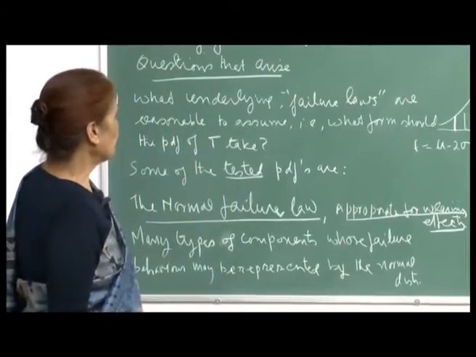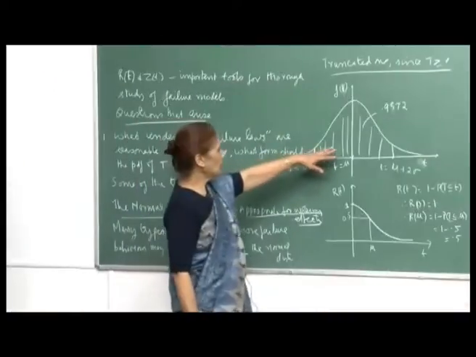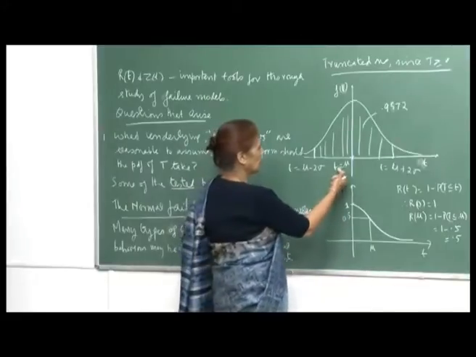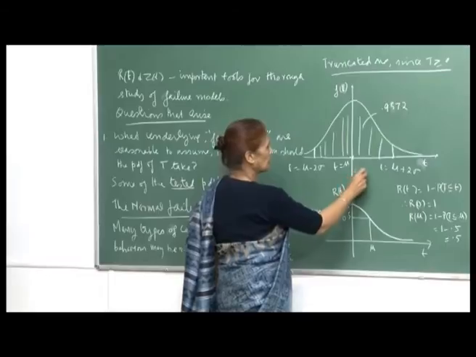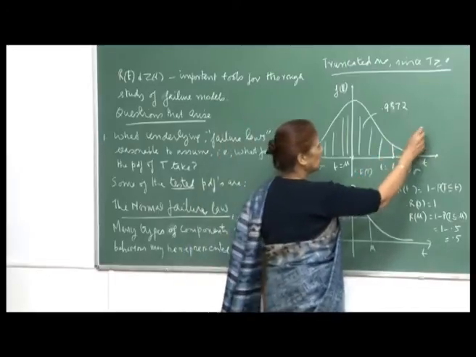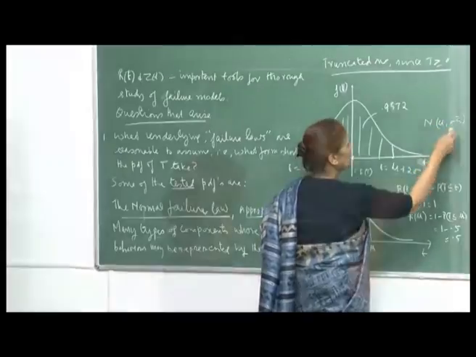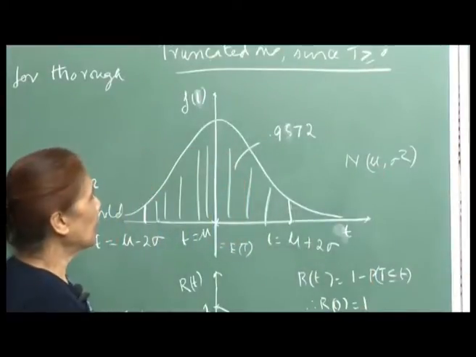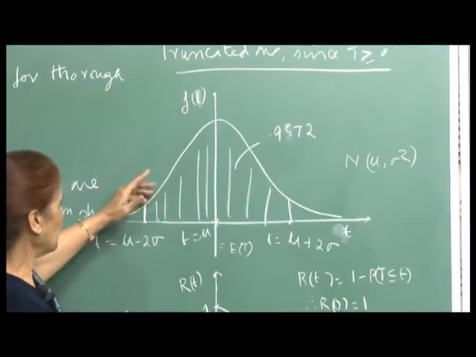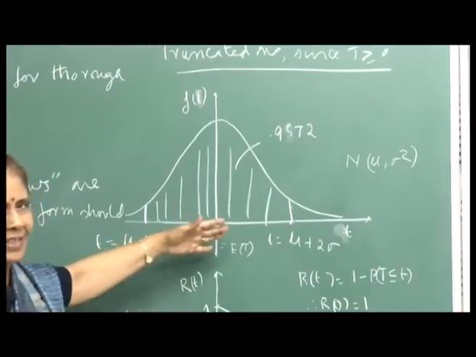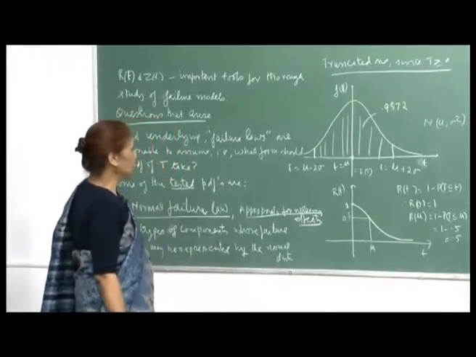Now, when you look at the normal law, with parameters mu and sigma square, the mean, the expected value, is mu, and the variance is sigma square. Then this has a bell shape. We have already studied this in this course, so I do not have to spend time describing the normal curve to you.